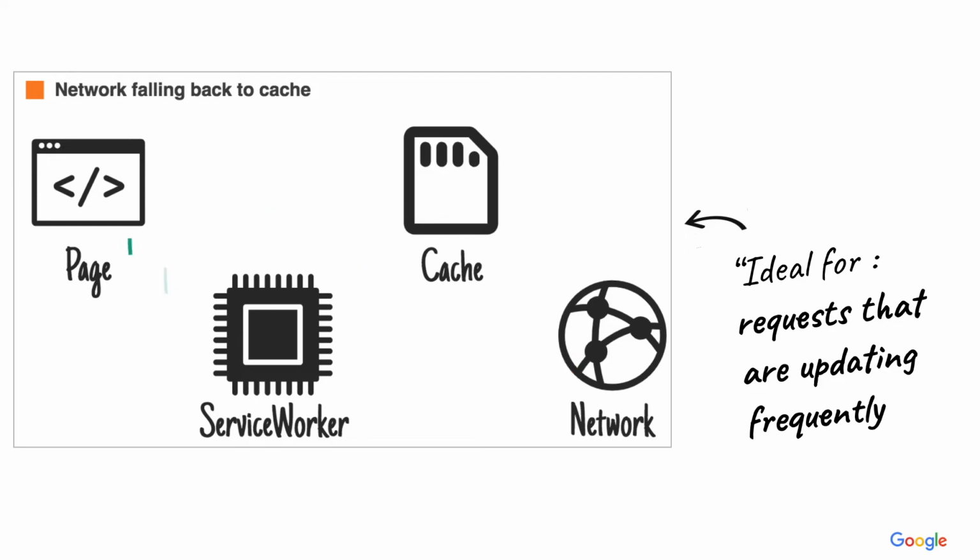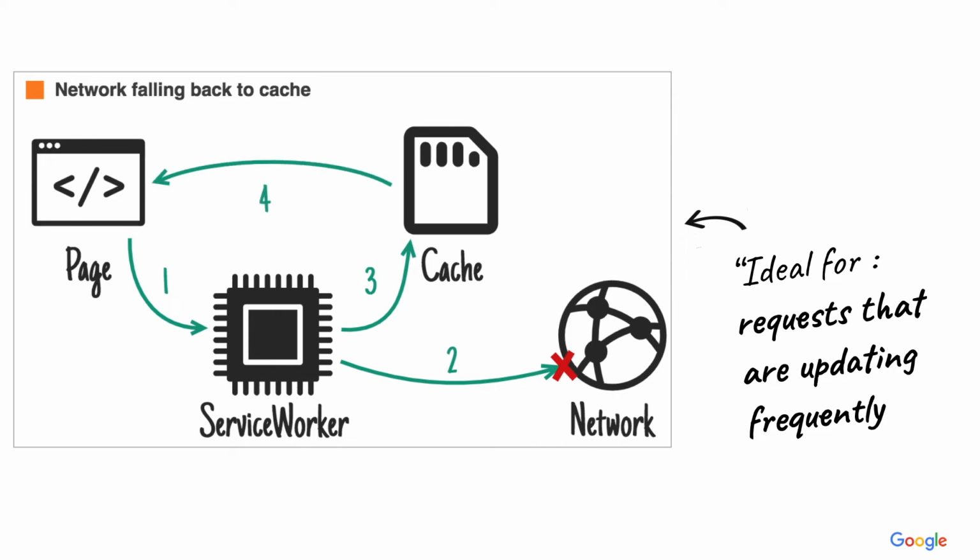But we have to think a bit about our application and what could be the best strategy for this request. I want to serve my user the latest Bitcoin price and everything. So I always want to go on the network if the user has internet. If the user loses his connection, then what we want is to fall back on a response that we stored in the cache.